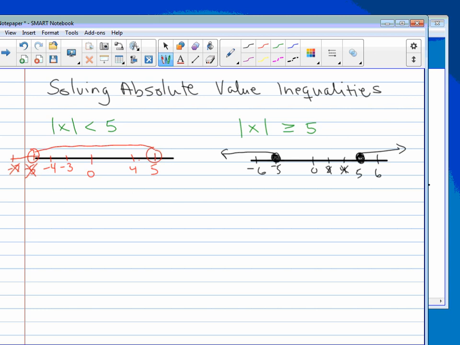So, let's do an example. Ejemplo. Our job is going to be to solve the inequality. And this time I'm going to introduce something a little new. I'm going to say, write your answer in interval notation.